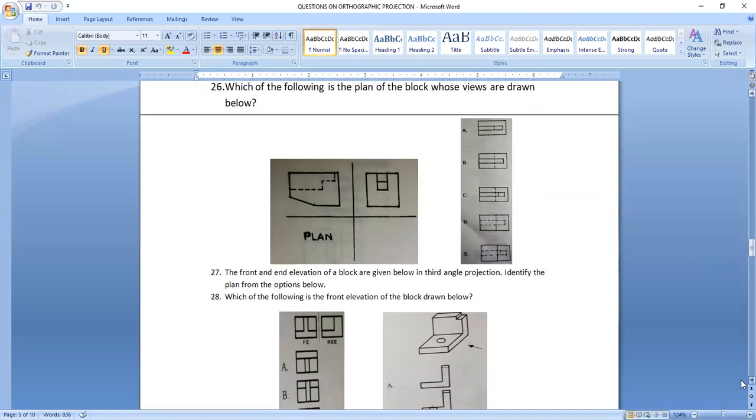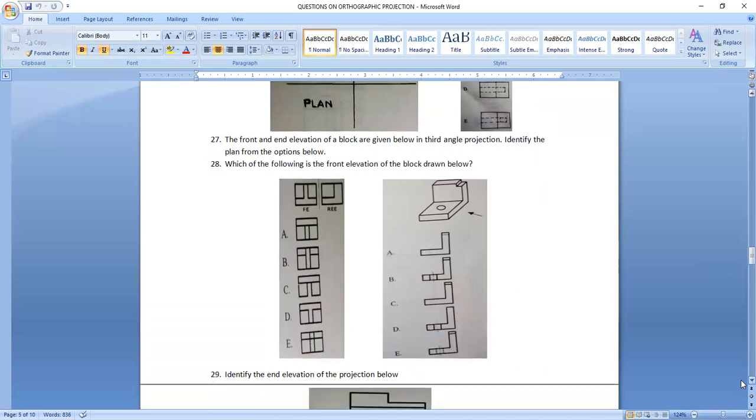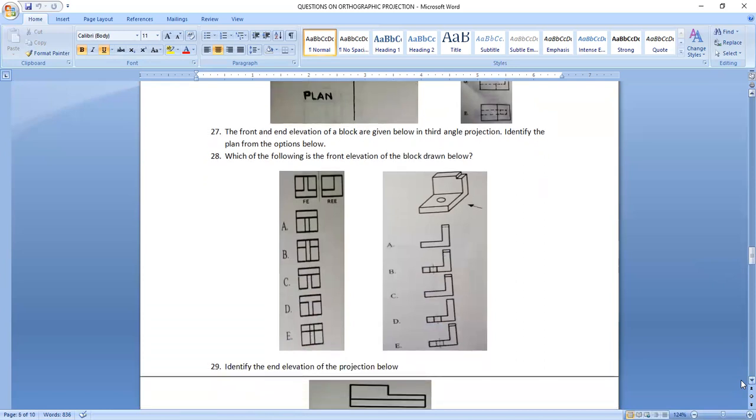Then we move to question 27, which says that the front and end elevation of a block are given below in third angle projection. Identify the plan from the options below. They are talking about this diagram.